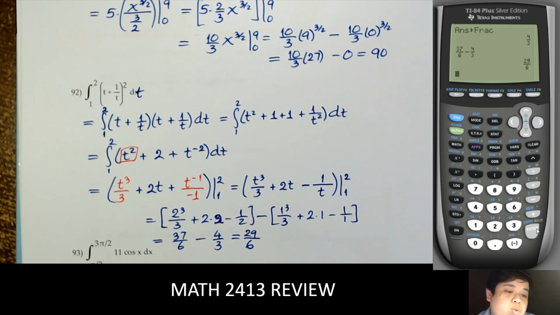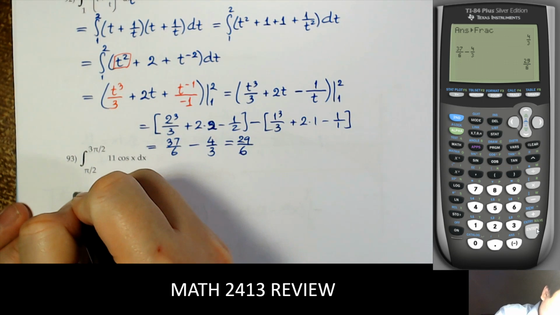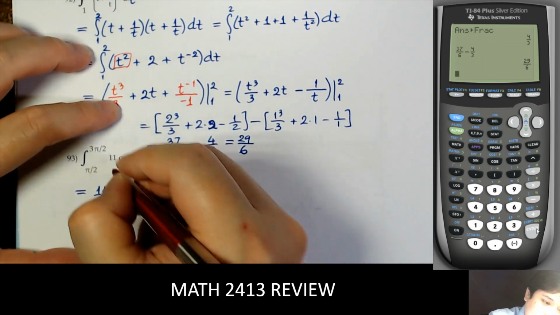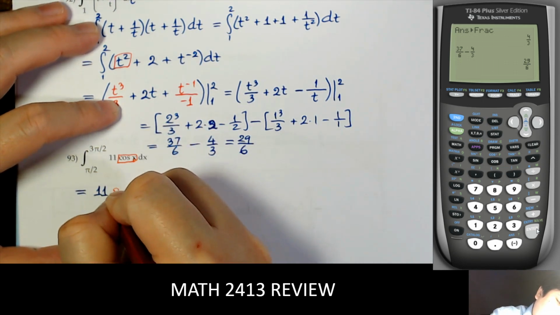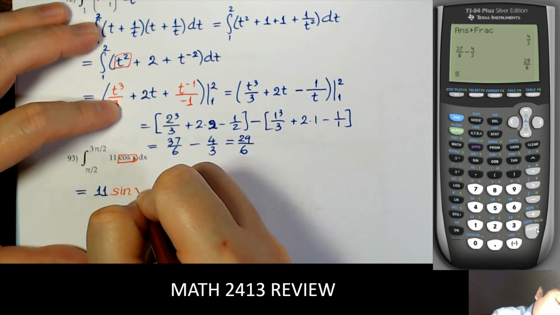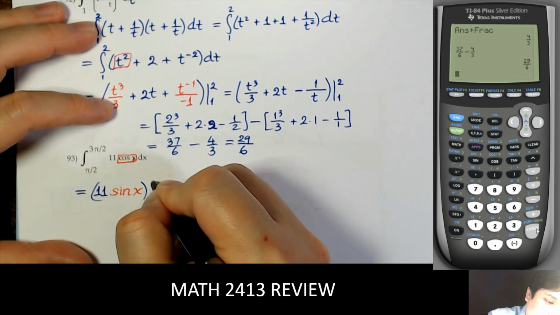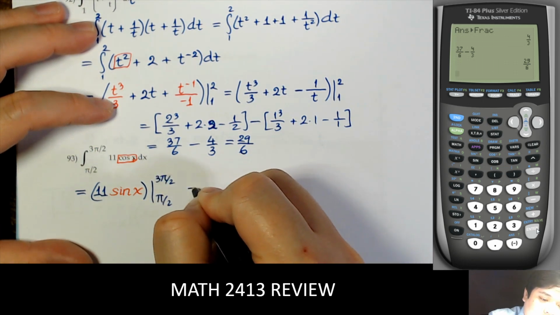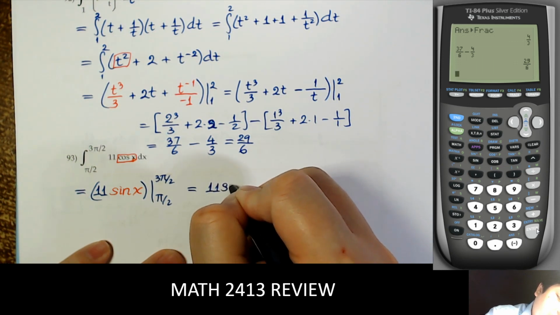Yeah, so this one we just have to multiply them out. The next one we have a trig function, the integral of cosine, which is positive sine, and we just go from pi over 2 to 3 pi over 2. So we have 11 times sine.